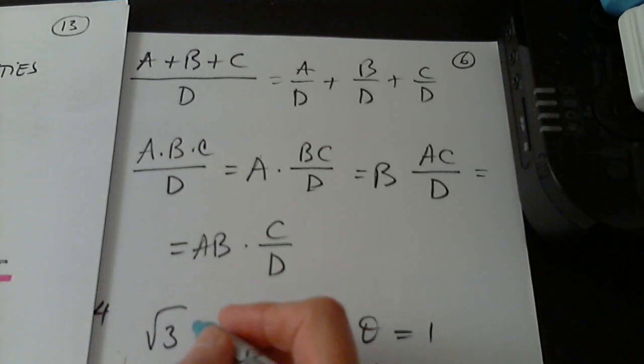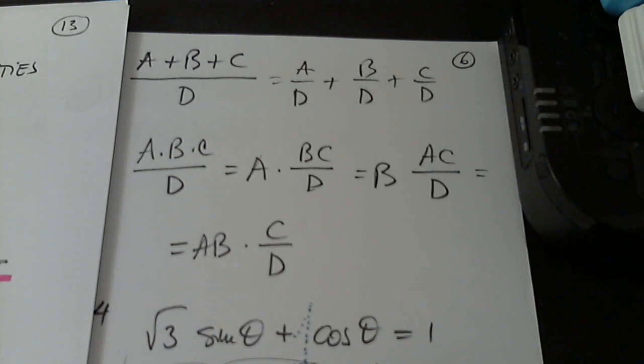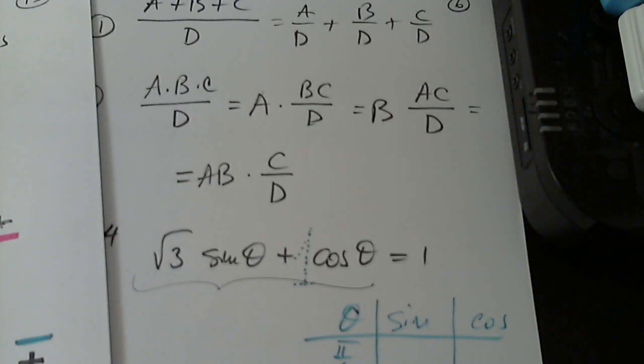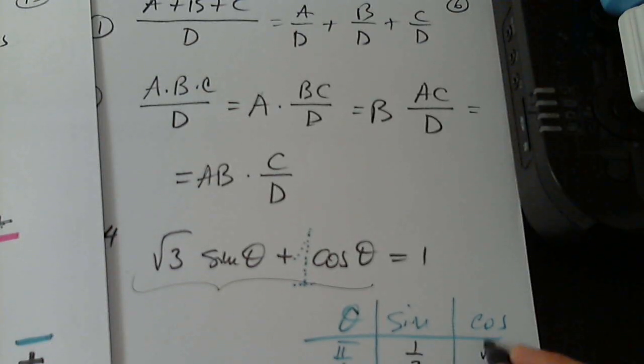But remember from the little table that we had for sine and cosine, for pi over 6, pi over 4, and pi over 3, and then for sine, and then for cosine, if you remember those three numbers, the 1/2 and the 1/2, the square root of 3 over 2, the square root of 3 over 2, and the nice one, the square root of 2 over 2, the square root of 2 over 2.